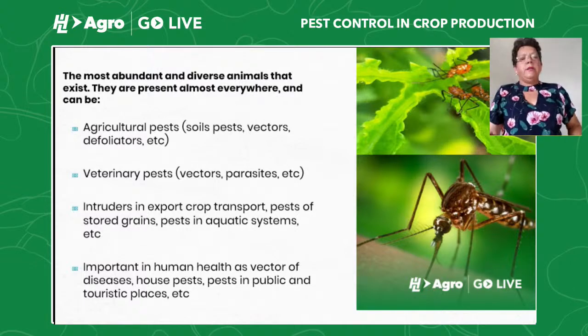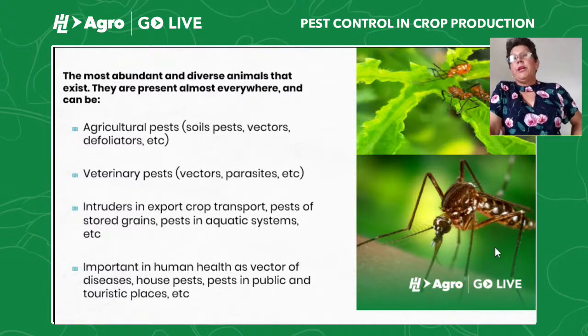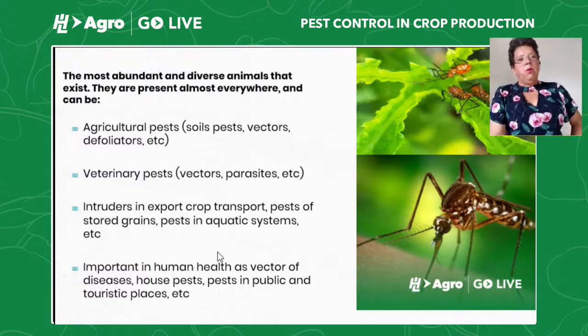On the upper right, you can see some true bugs in okra crop. They are sucking insects, they are pests. On the lower right, you can see a mosquito. That's a vector of human diseases like Zika virus, dengue, malaria, very important for humans.